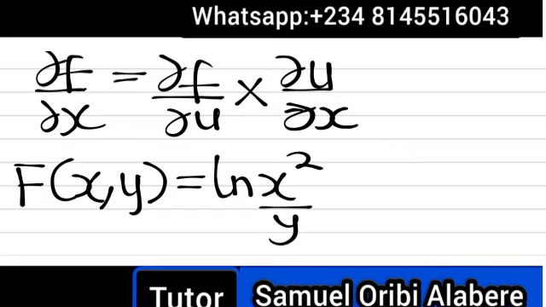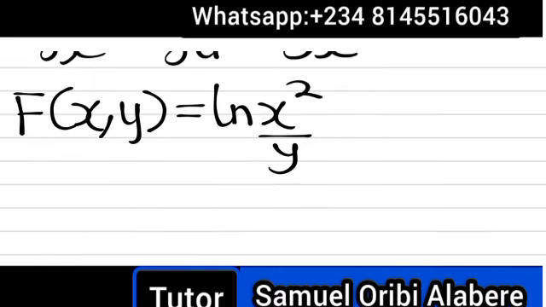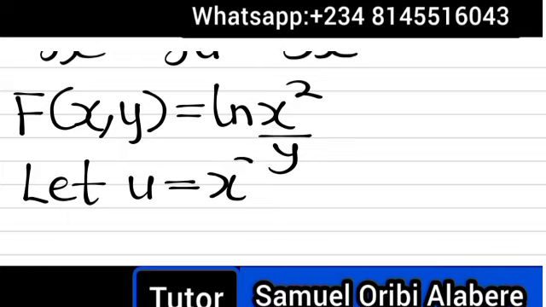So what we are going to do is that since f of x and y is a function of a function, we are going to say, let u be equal to x raised to power 2 all over y, in order to simplify the function that we have.